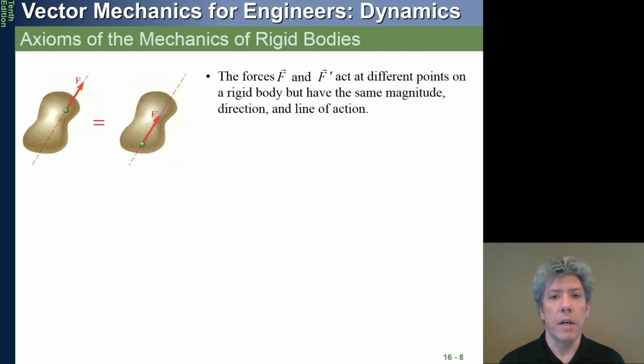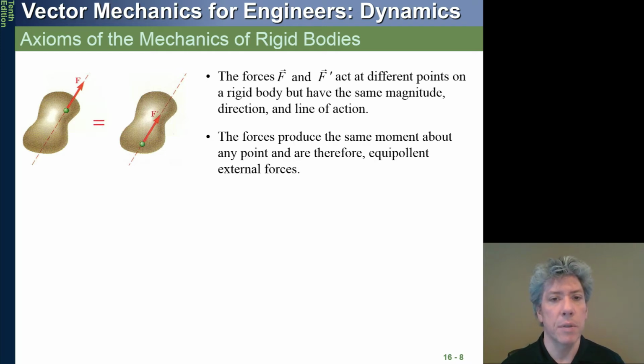Okay, now some important things or axioms of the mechanics of these rigid bodies. Notice we've got two different forces in the sense that they're placed at two different points on this body. So these two forces, F and F prime, act at different points on the rigid body, but they have the same magnitude, direction, and line of action.